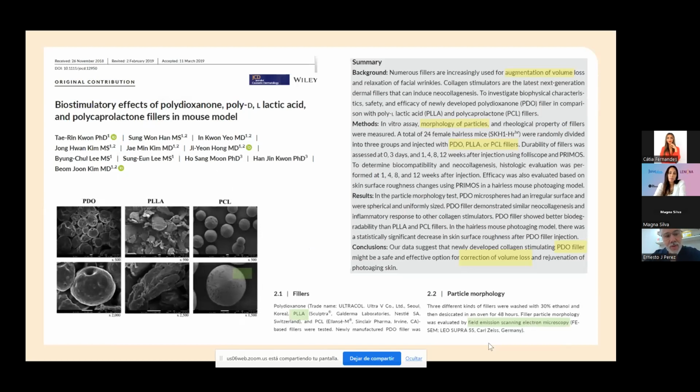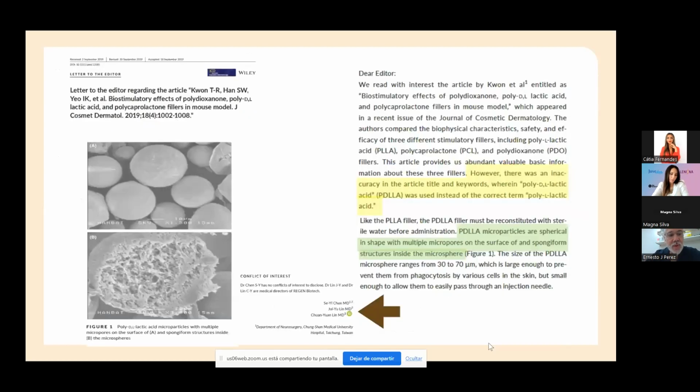In this study, on biostimulatory effects of polydioxanone, poly-D,L-lactic acid, supposedly what we are talking about now, and polycaprolactone, they published it and some weeks later received a letter to the editor regarding this article, because the clinical directors of the company that produced the polylactic acid, when they saw the microscopic images, told the editors that that was not levopolylactic acid, that was PDLLA.